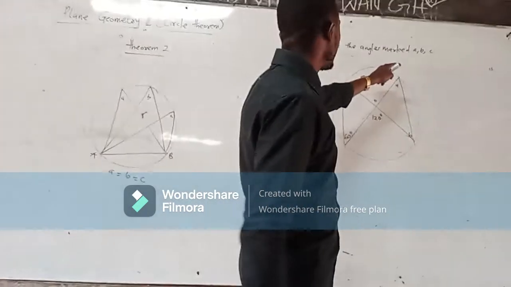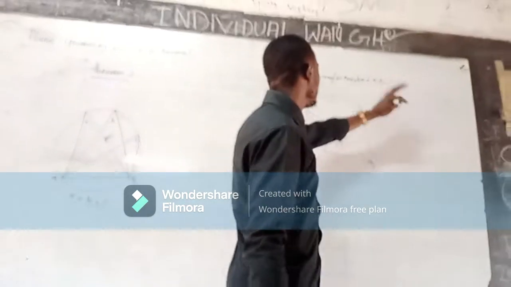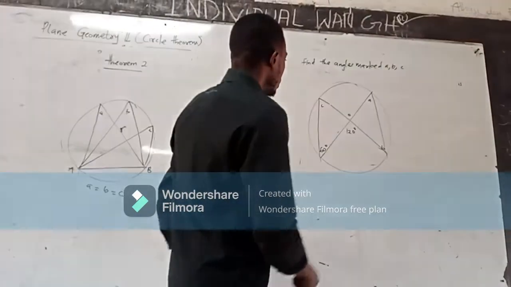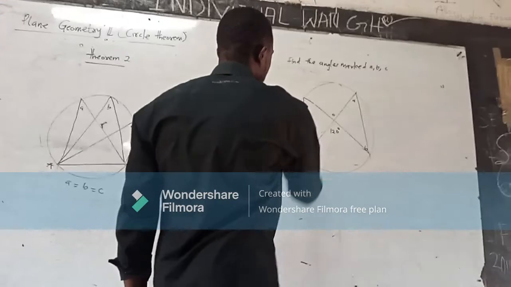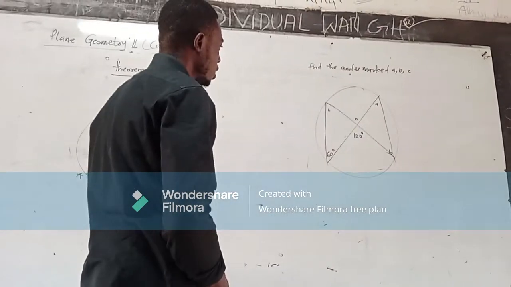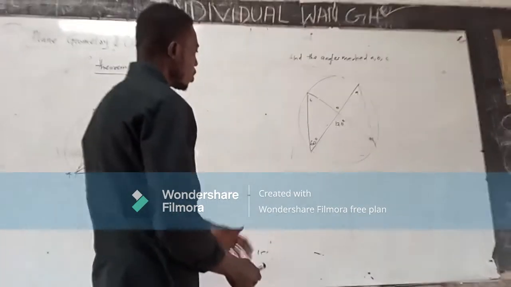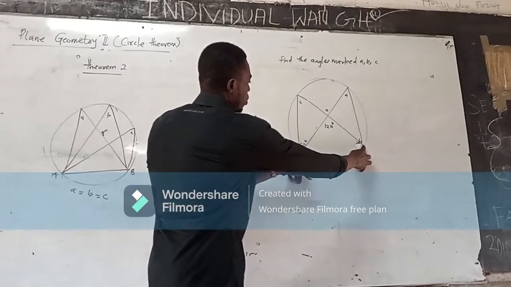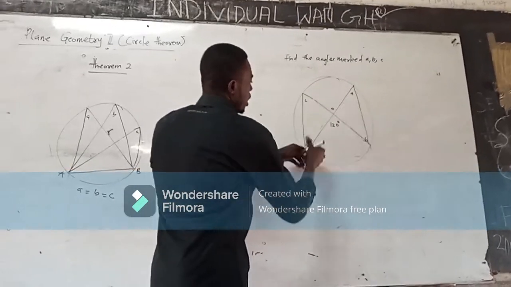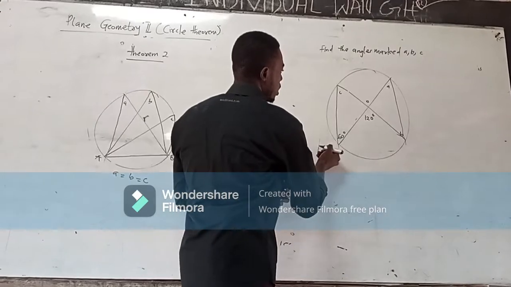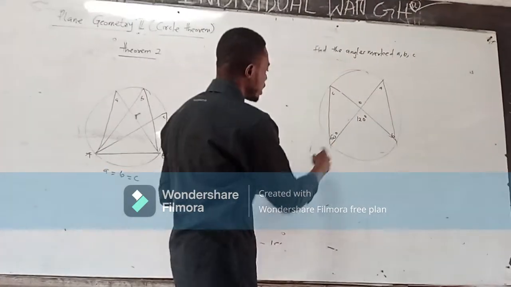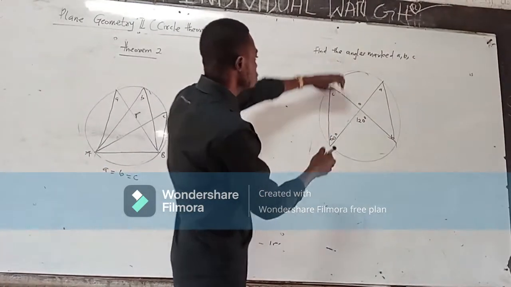Find the angles marked A, B, C. So we have A, B, and C here to be found. What do you know? You see that this one is just standing on a chord here. Okay, once they have provided this one, let's use this one.